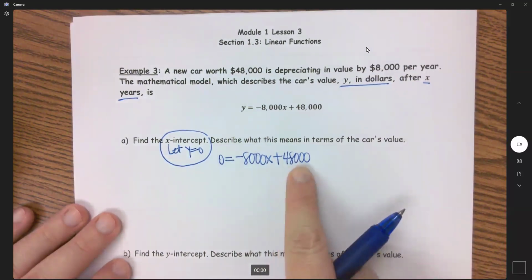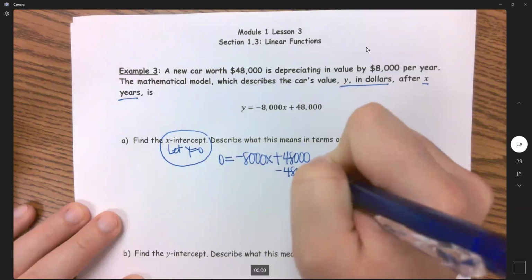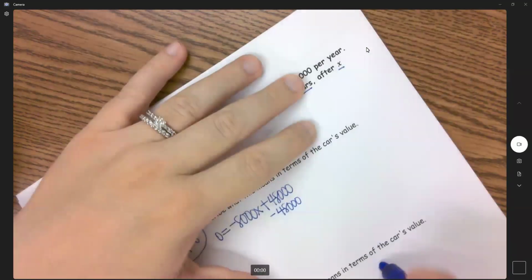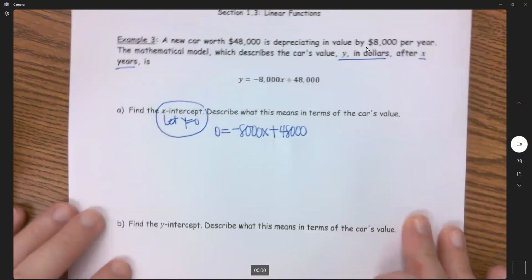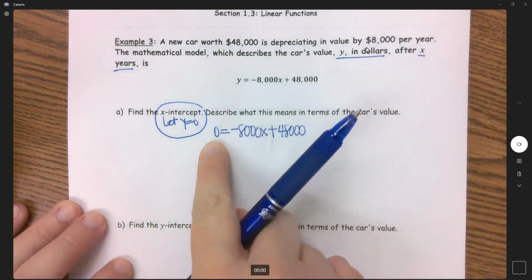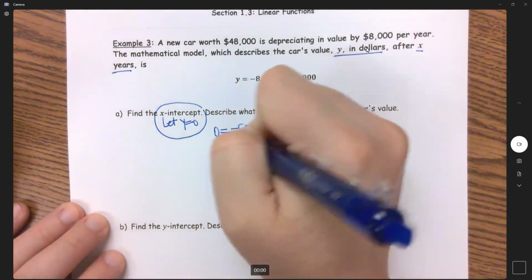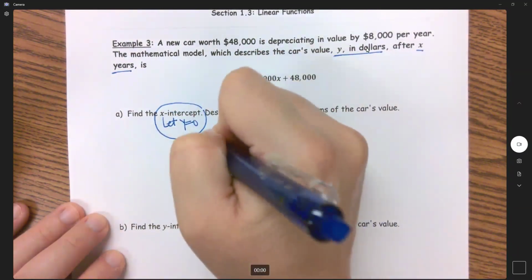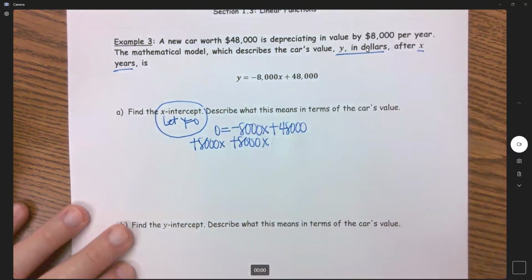So first thing I'm going to do is subtract my $48,000 over. And actually, I don't want to do that. I typically like to get my variable to the other side. So I'll save us a step. I'm going to actually add my 8,000x over. I'm going to move that whole term over there.